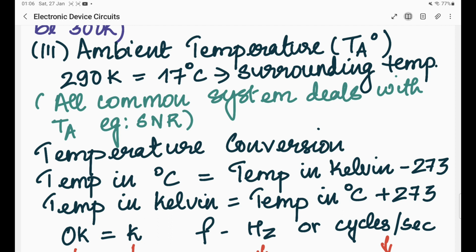And what about temperature in Kelvin? When the temperature is given in degrees Celsius, you add 273, and that will be equivalent to the temperature in Kelvin.